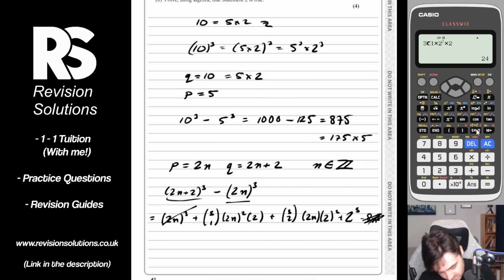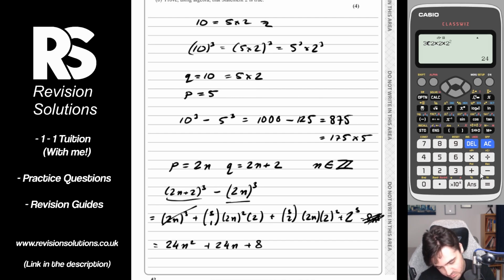That gives us 24n squared. Then the next bit: 3 choose 2 times 2 from the 2n, and then times the 2 squared at the end. That's also 24, so plus 24n, plus the 2 cubed at the end, which is just 8.